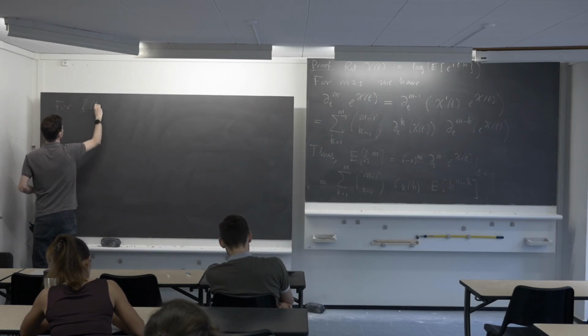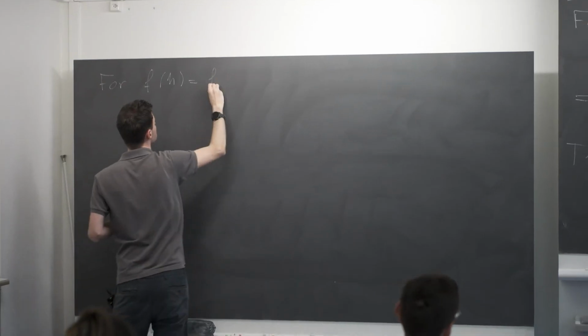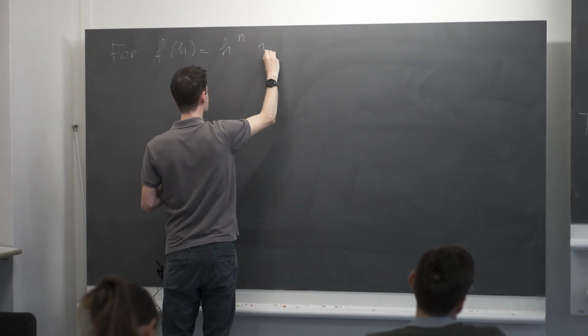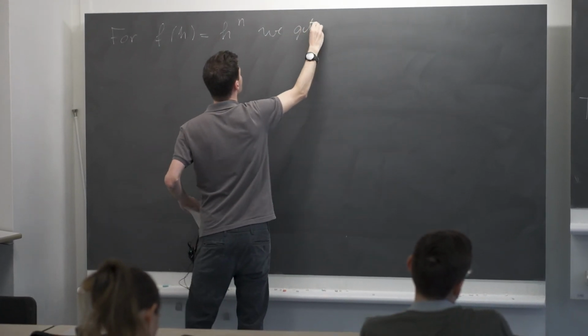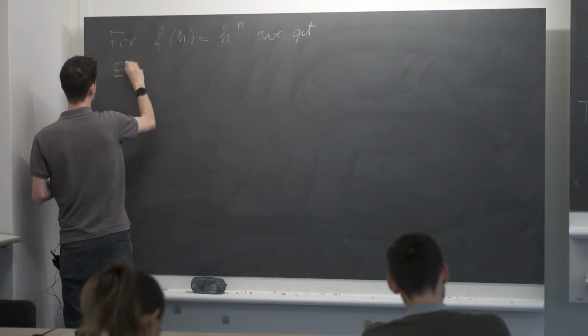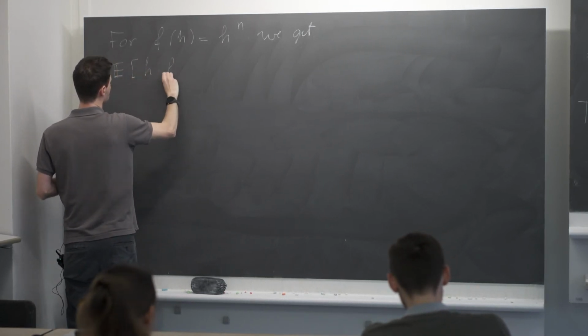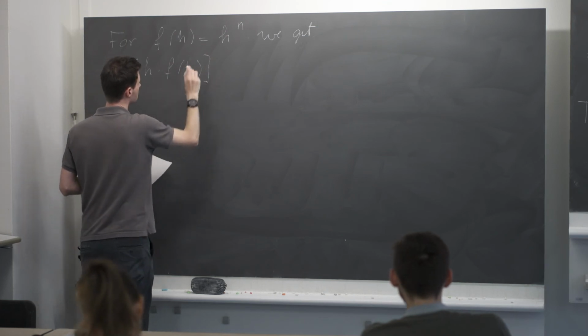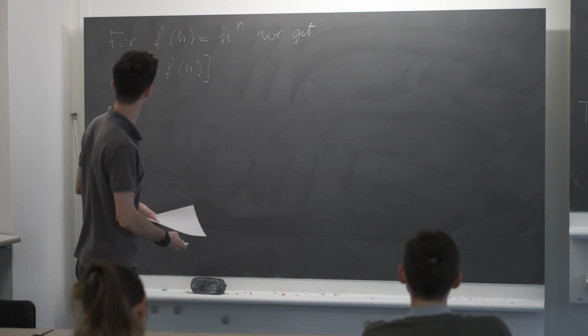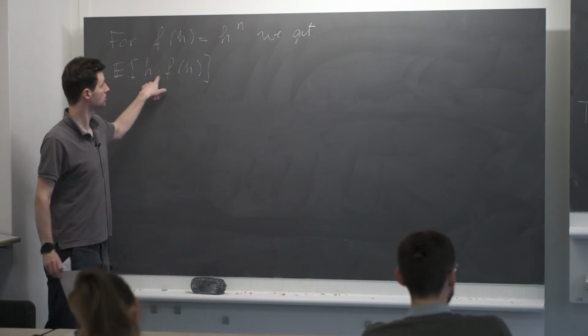So if I now choose my f of h, which is equal to h to the n, we get the following fact. So this is just going to be h to the n plus 1.